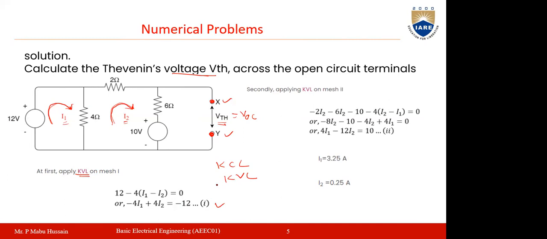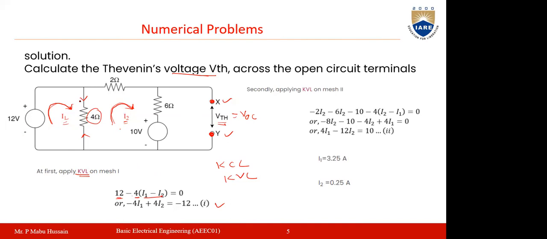The mesh equation for the first loop: 12 minus 4 into, so the current flowing through this 4 ohm is I1 minus I2. I1 is coming from top to bottom, I2 is from bottom to top. So I1 minus I2 is the current flowing through this 4 ohm resistance. That current into the resistance value 4 ohm will be the voltage across it. According to KVL, in a loop all voltages sum to 0.